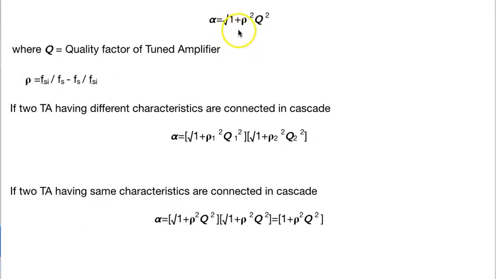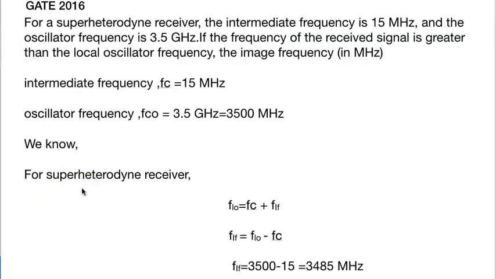Okay, it's calculated by the parameters rho and Q. Q is the quality factor. At last, you can see one of the examples that occurred in the year 2016. Here you need to find the image frequencies, having FSI as the input frequency and 3.5 kHz as the local oscillator.